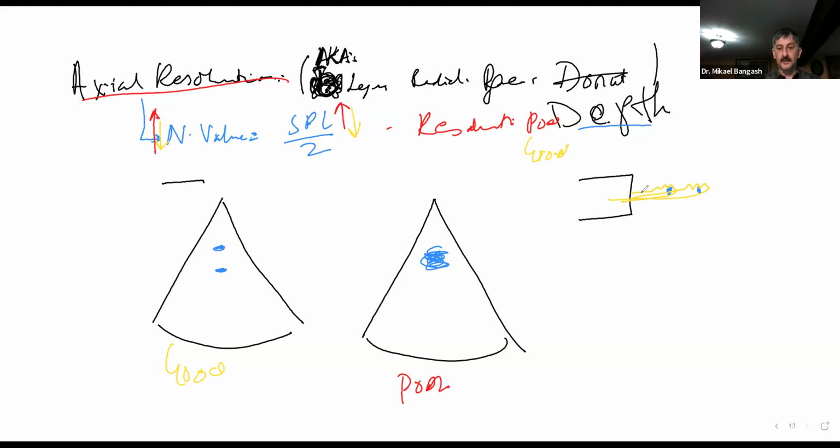Mainly because the system was not able to distinguish or display them separately, and that's mainly because we had a long spatial pulse length. Did you guys get that? Yes. Okay.